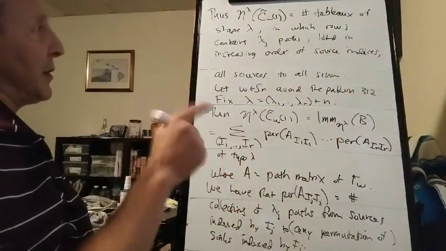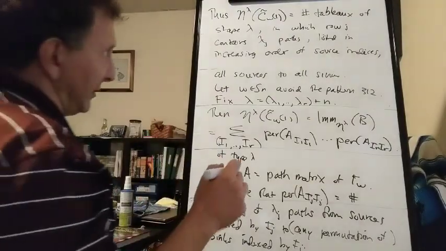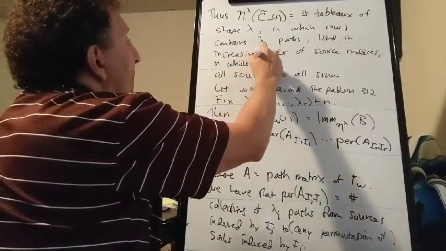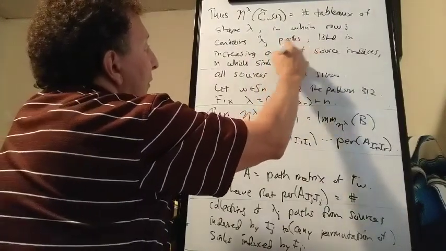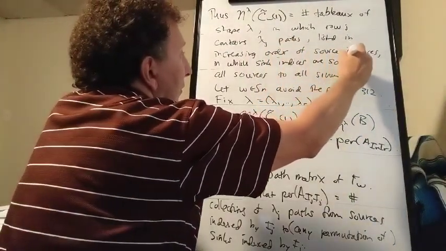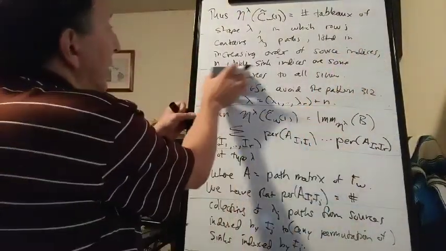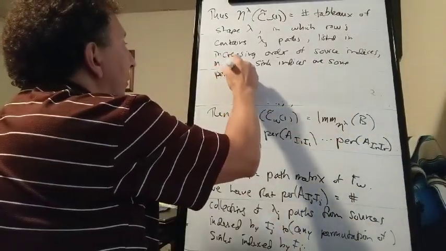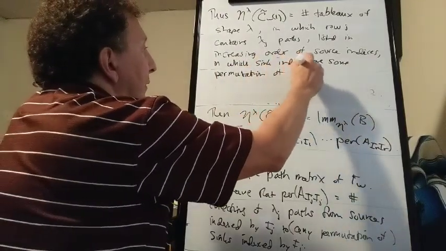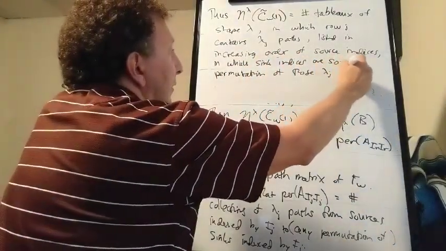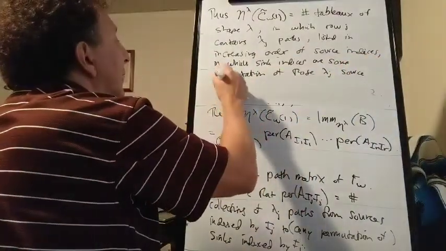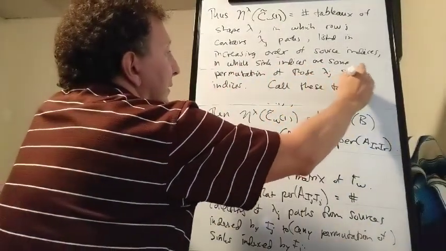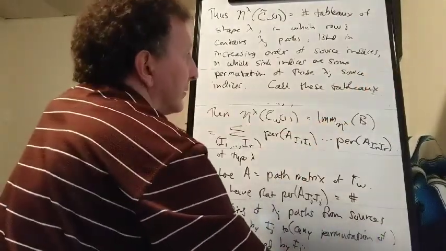And then the sink indices are going to be some permutation of those lambda j source indices. So it's sort of a lot to say.